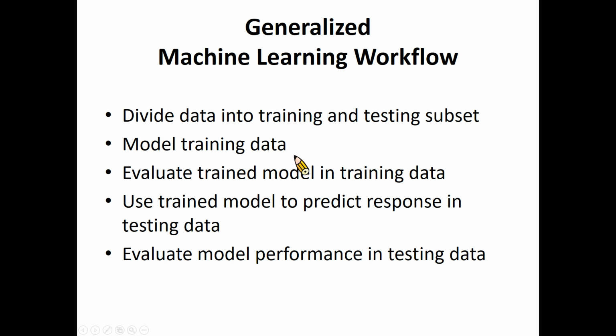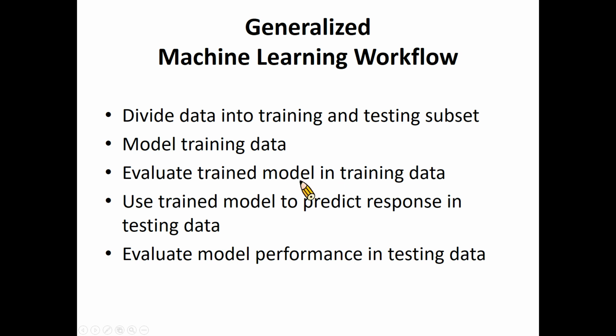Then we need to find out what could work better than our linear regression model. The answer could be nonlinear regression, or other machine learning methods, for example, support vector machine, random forest, decision tree, or deep learning.